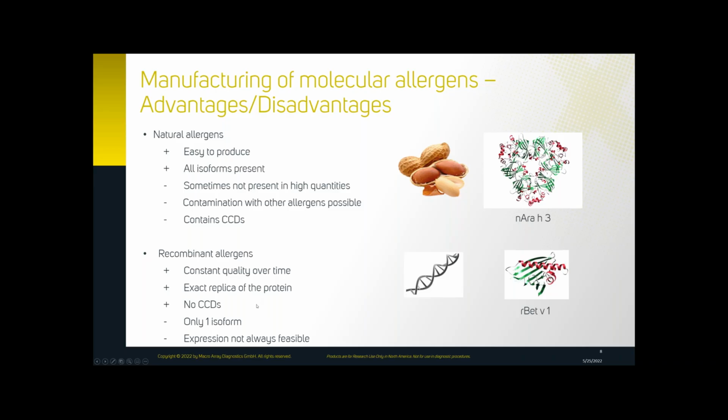However, you only have one isoform because you only introduce one gene of interest. If you would like to have several isoforms, you need to express more than one protein. And the expression is not always feasible, since some of the proteins are toxic for the bacteria and they are not allowing you to express them.